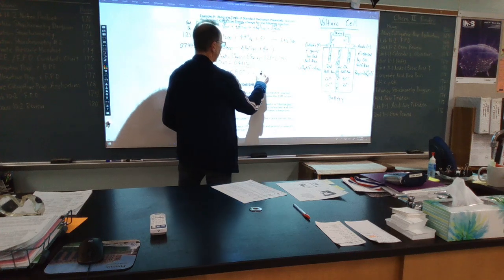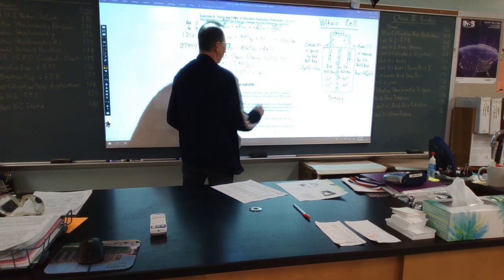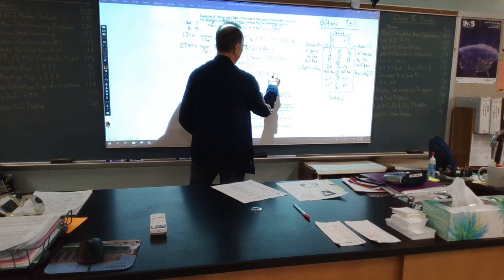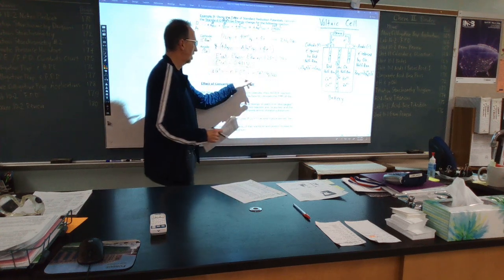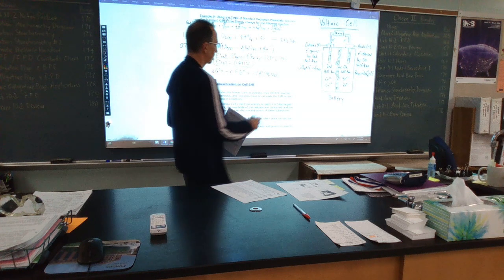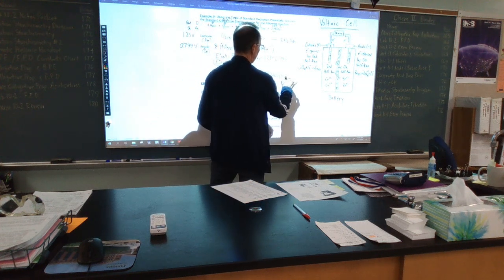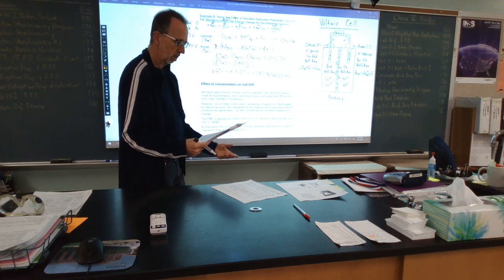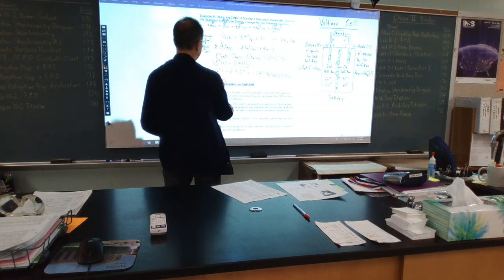So that's negative 4. F is a constant, Faraday's constant, 96,500. And E, of course, is the E cell we just calculated, 0.431 volts.